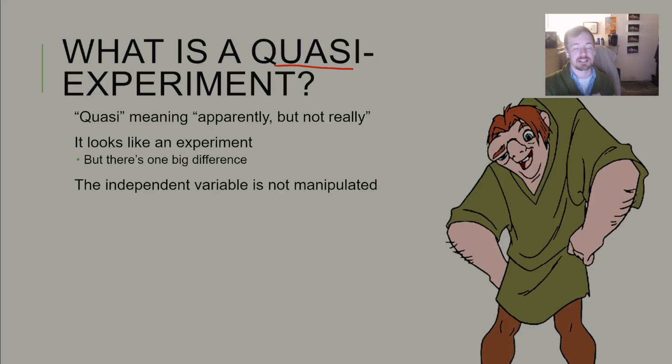So in other words, you can have a study that has multiple groups, but you are not randomly assigning those multiple groups, and that is the key. In a true experiment, you're able to randomly assign folks to one group or the other, or to one condition or the other. In a quasi-experimental design, you can't do that.